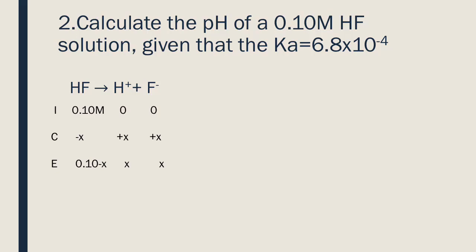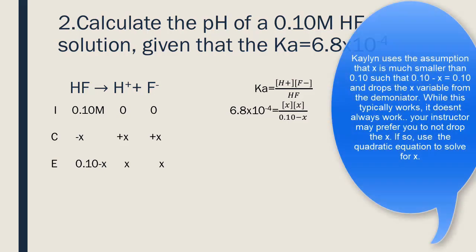To get the concentration of H+, we will have to use the Ka to solve for X in this ice table. To solve for x, we'll use the equation Ka equals the concentration of products over the concentration of reactants. So with the numbers plugged in, it'll look like 6.8 times 10 to the negative 4 equals x squared over 0.10 minus x.